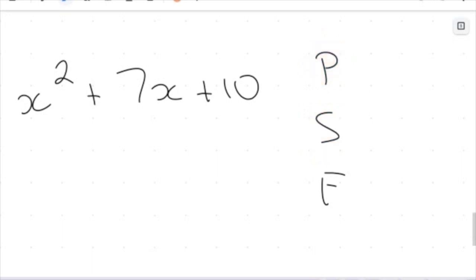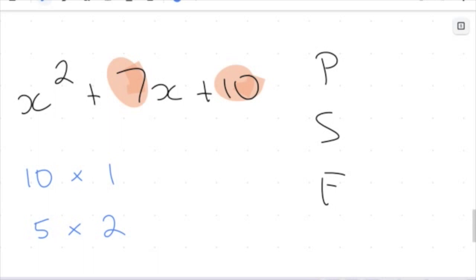So what we want to do here is find two numbers that add to give me 7 and multiply to give me 10. So let's think of the numbers first that multiply to give me 10. I can have, let's say, 10 and 1. Or I could have 5 times 2.